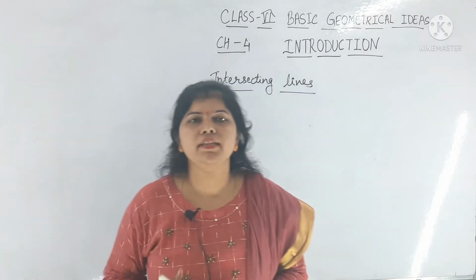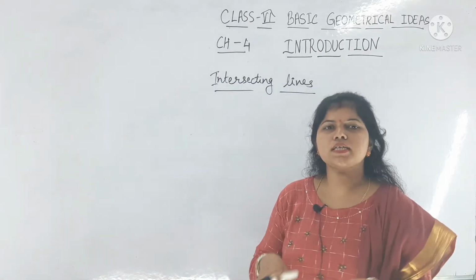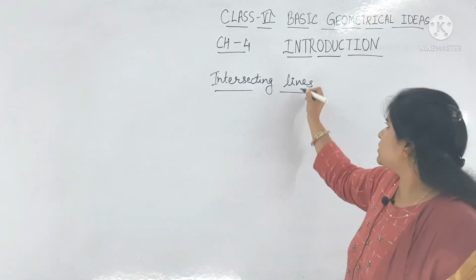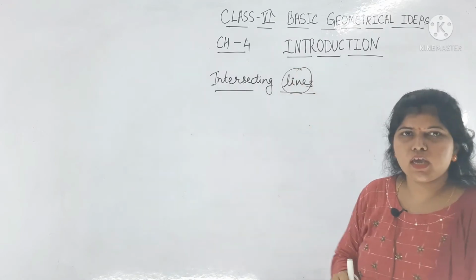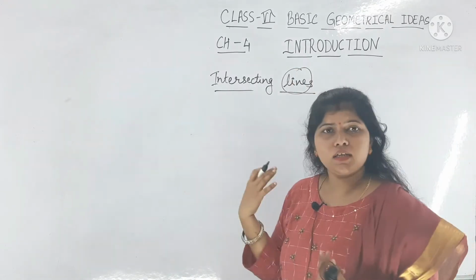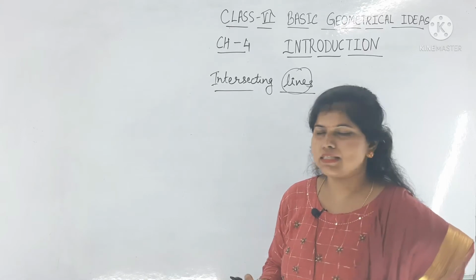Come to the next point, that is intersecting lines. What is intersecting lines? Here it is written lines. Okay, so we should draw the lines only, not the line segment.